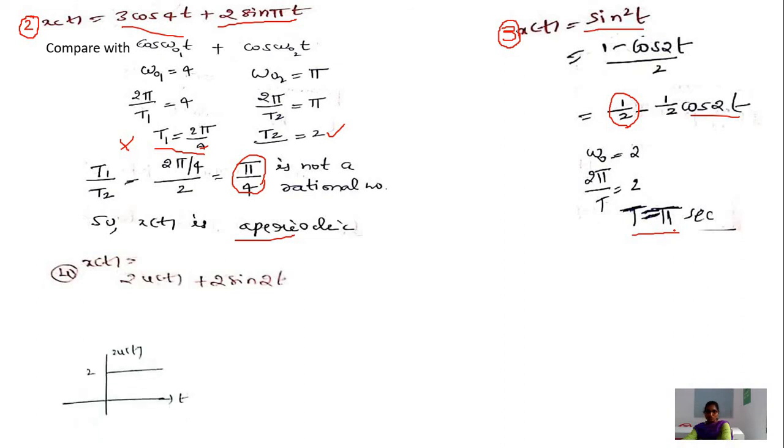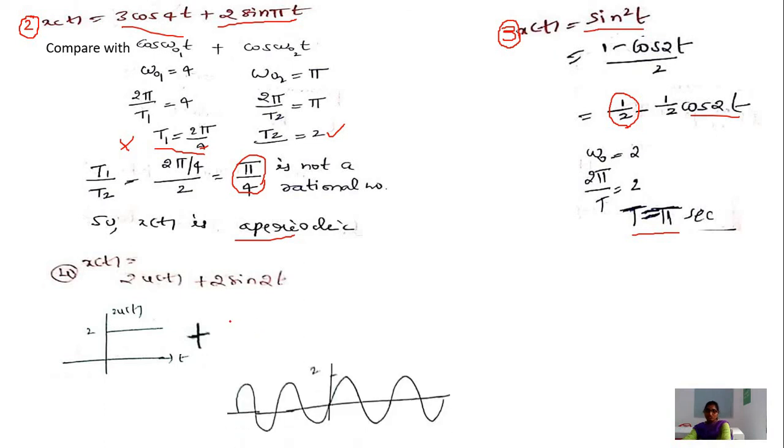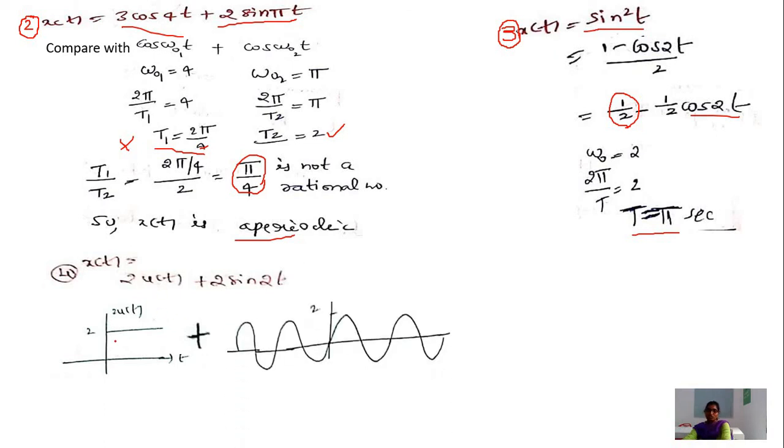Move on to the next problem. Here I am giving you two distinct signals: 2 into u of t plus 2 into sin 2t. You need to check. This time I am going with the sketch. 2 into u of t, I have drawn the u of t signal with amplitude 2, and its addition 2 into sin 2t.